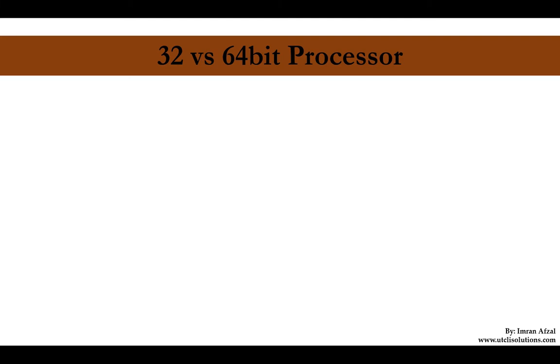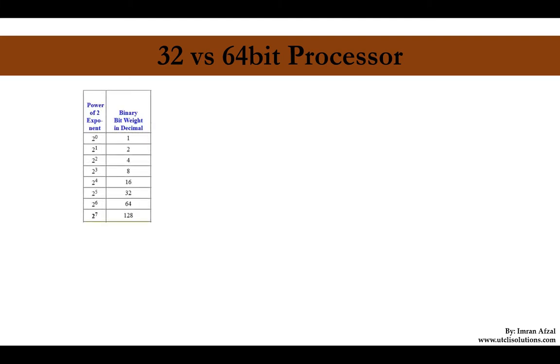Okay, moving on to the next slide, we will look at the chart, which is our values for our exponents. So 2 to the 0 value equals 1, and 2 to the 1 equals 2, 2 to the power 2 equals 4, and this is the basic mathematics that we have learned when we were kids. So that's what we call an exponent value. So if it is 2 to the power 3, then 2 times 2 times 2 equals 8, and so on.